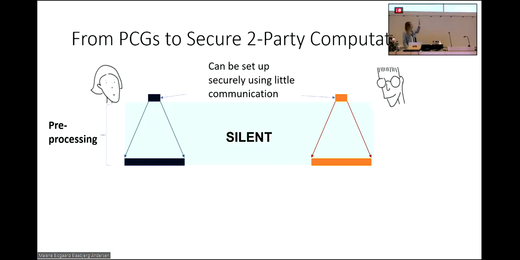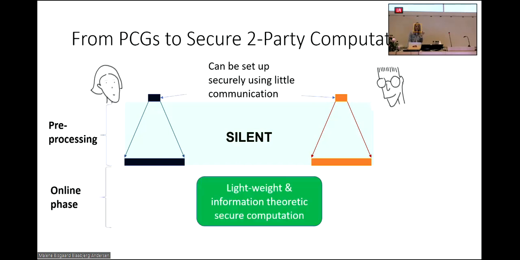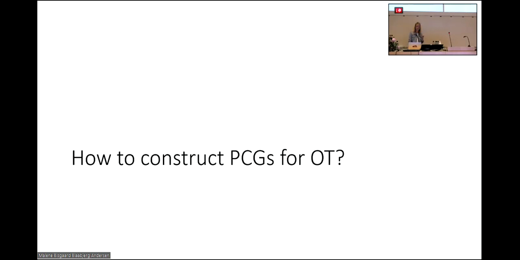And then the rest of the pre-processing phase is just silent expansion. The parties don't talk to each other because we have this PCG feature where you can locally expand. And then in the online phase, we can just do fast information-theoretic secure computation. So I will just talk about the first part in the rest of this talk.